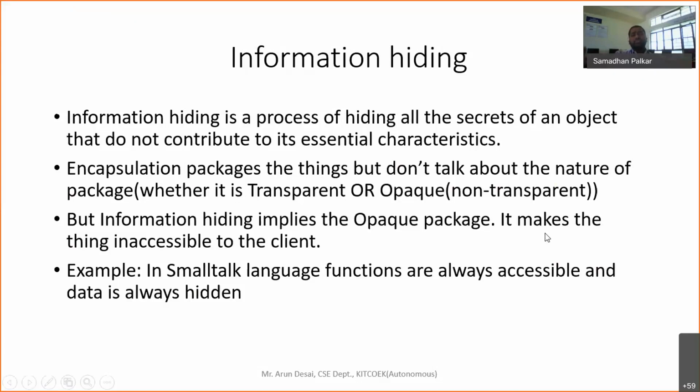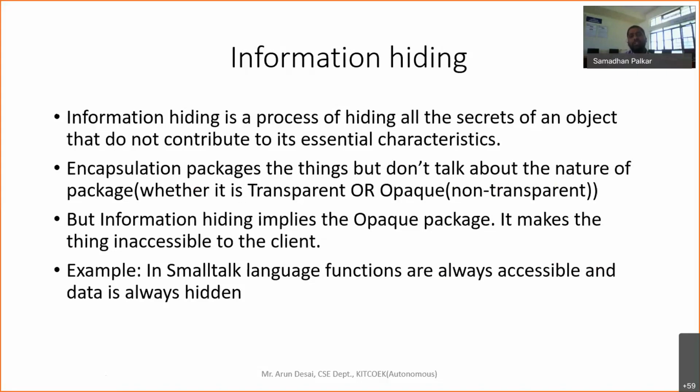The example for this is the Smalltalk language, wherein functions are always accessible, and data is always hidden, right? But if we talk about C++, we have different access specifiers. You can hide the data by using the private access specifier, or you can make that data public by using the public access specifier, right?